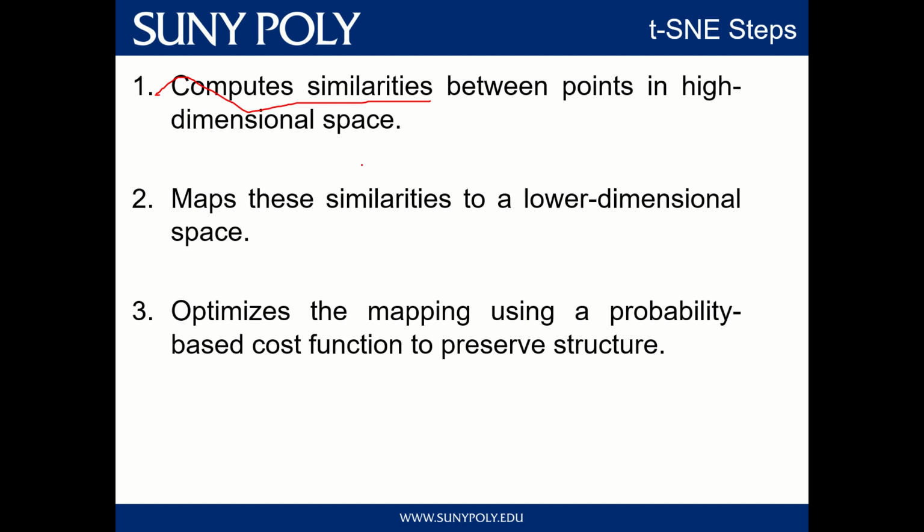Once we know the similarity matrix, then we map the points in a lower dimensional space, because that's the whole purpose of t-SNE, to perform a dimensionality reduction. And once we have lowered the dimension of our original problem, then we optimize the mapping, trying to ensure that we put together points that are similar.